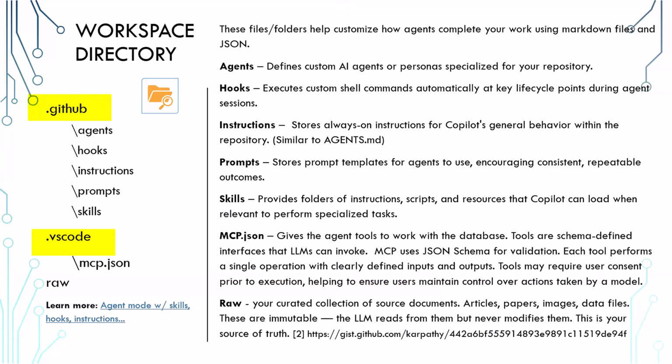And in the .github folder, you can have agents, hooks, instructions, prompts, and skills. And in VS Code, the one thing that you probably want is an mcp.json file to have all your MCP servers. MCP is Model Context Protocol, and we'll get into that after this.